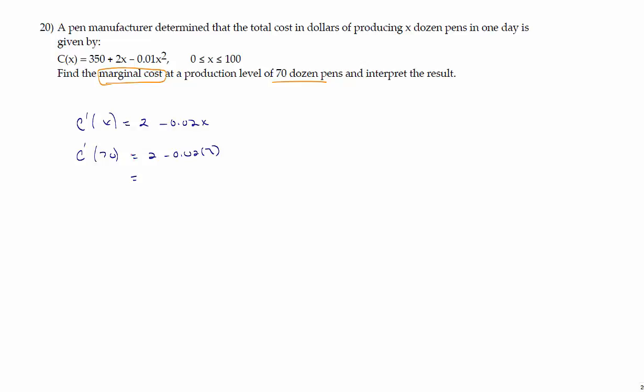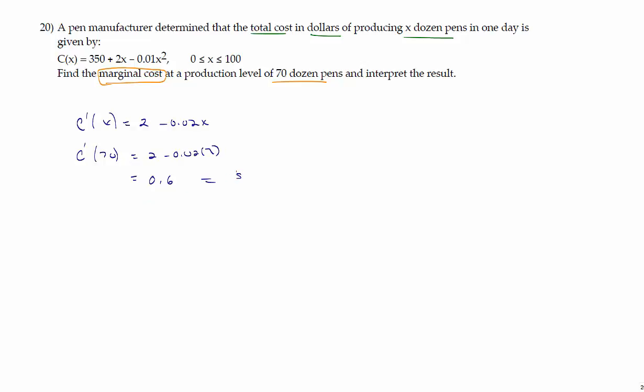So let's see, that will be 0.6. Okay. We're going to have to include labels. This one also said interpret it. So when we go back up here, notice that the total cost was in dollars, and we were producing X dozen pens. So my answer has to be in terms of dollars.